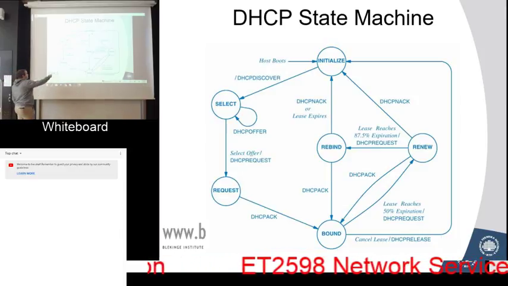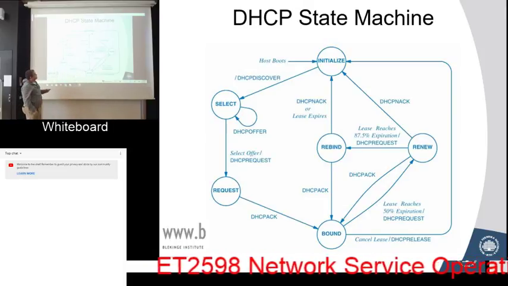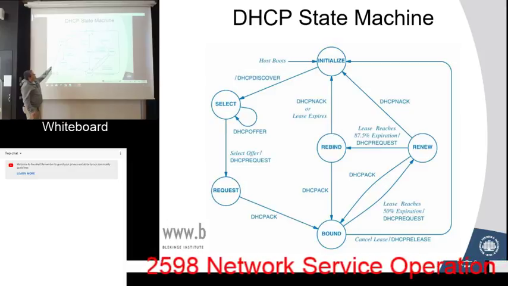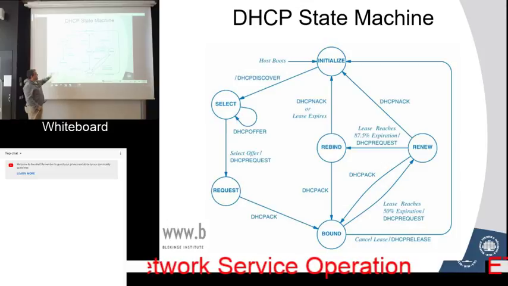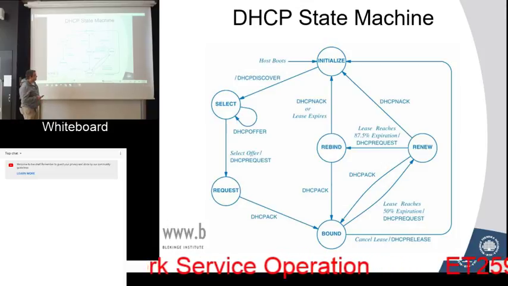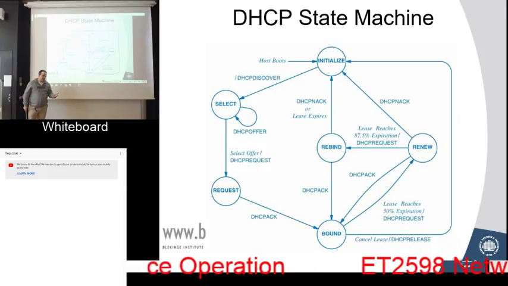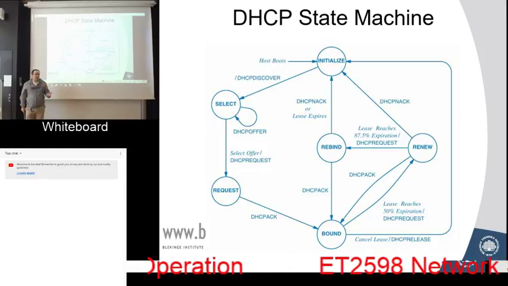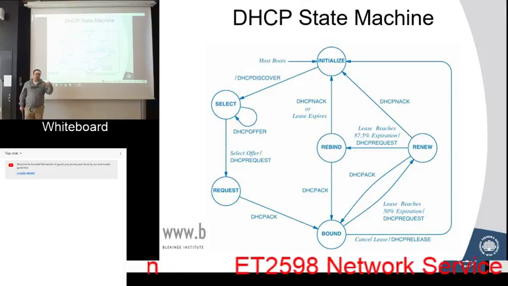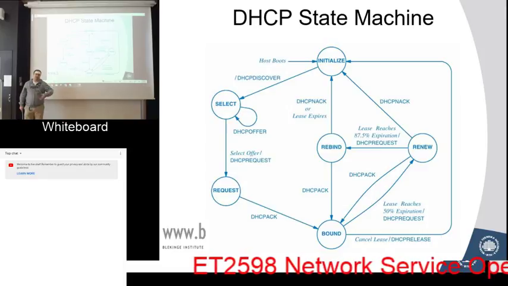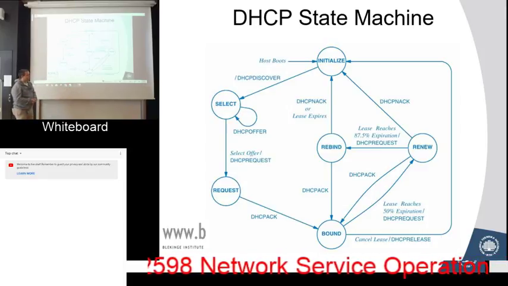So it resides there, but eventually, not included in this one, there is a fallback that drops it out. If someone asks for an address and never acknowledges it, your server will keep on sending this offer, and eventually you will just be sending offers, not doing anything else.